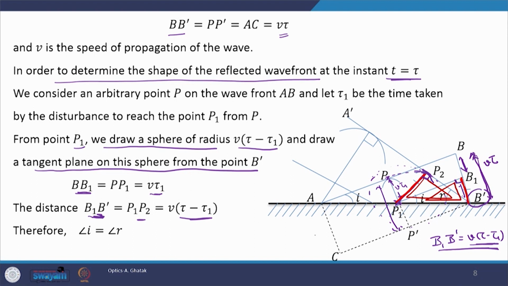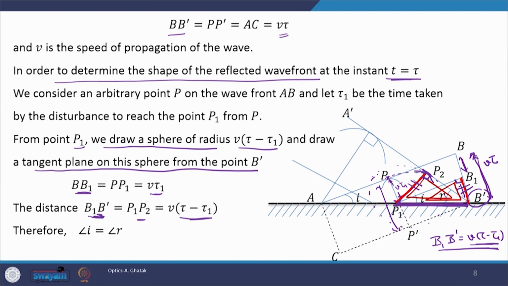The P1 B prime line, the base, is common to both of these triangles, and this side is equal to this side: P1 P2 is equal to B1 B prime.